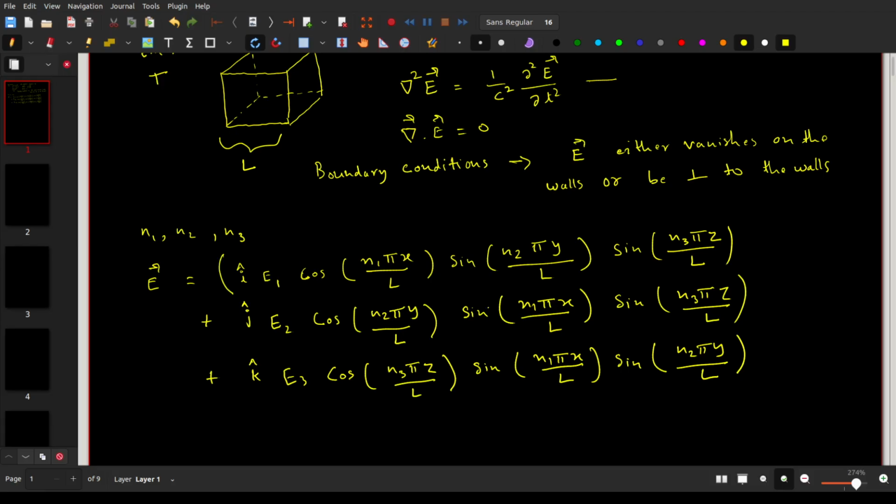We can take the time dependence, we can multiply this whole solution with time dependence, which is of the form exponential i omega t. Here omega is 2 pi nu.